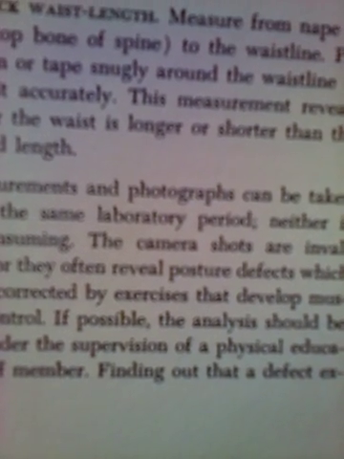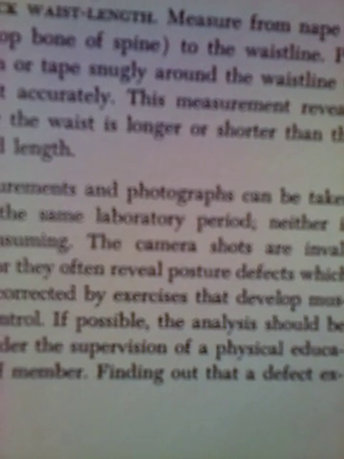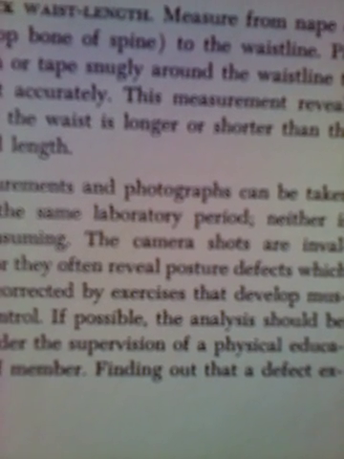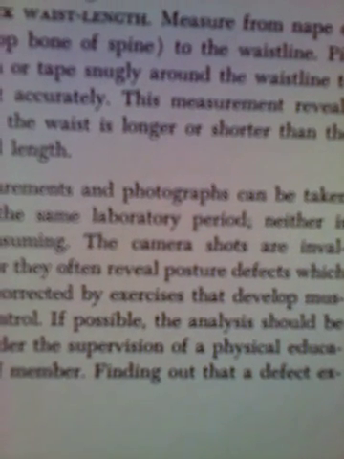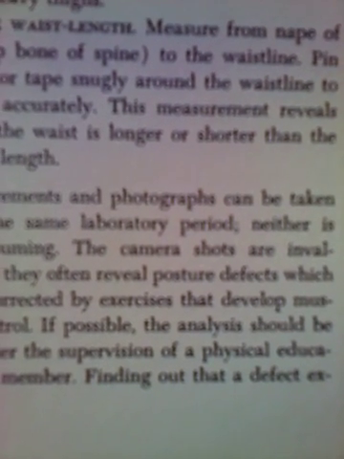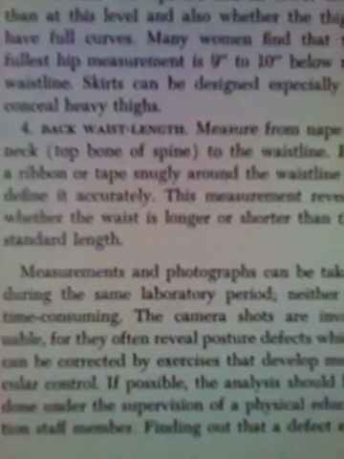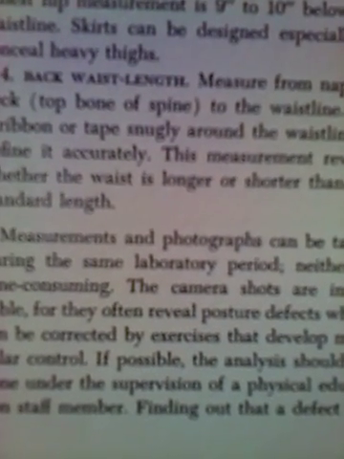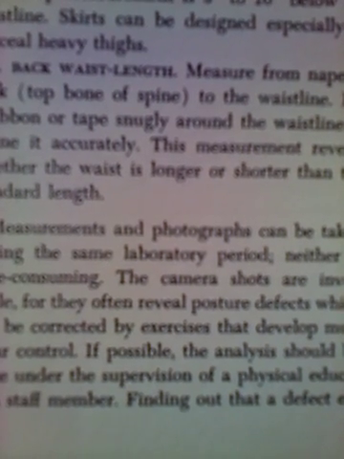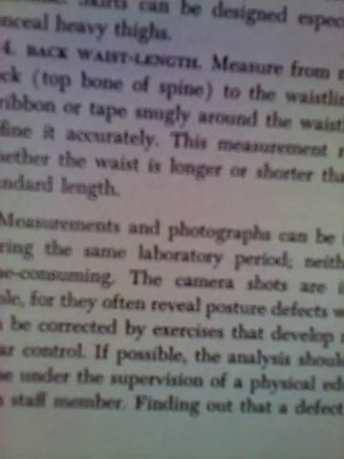If possible, the analysis should be done under the supervision of a physical education staff member. Finding out that a defect exists, learning how to correct it, and then practicing corrective exercises can prevent a minor fault from developing into a major one.